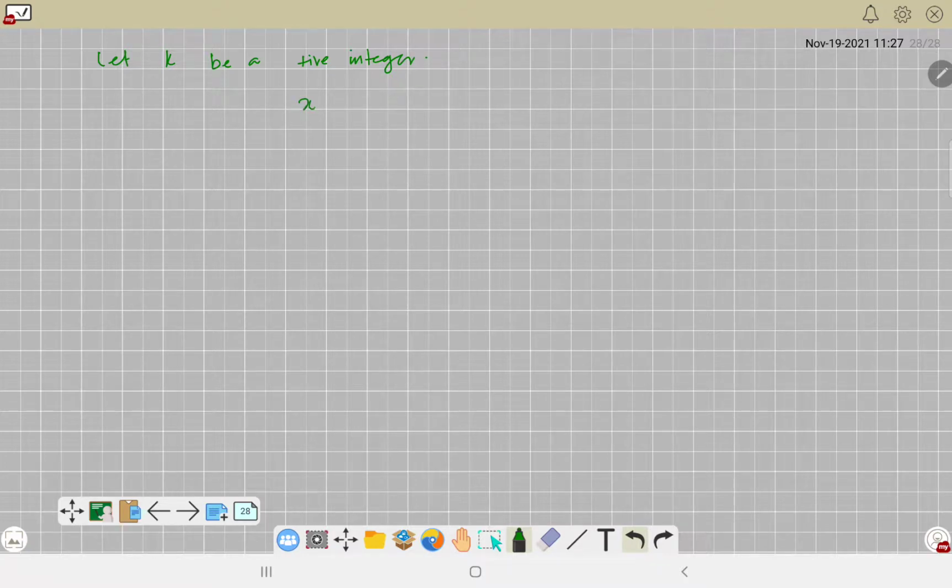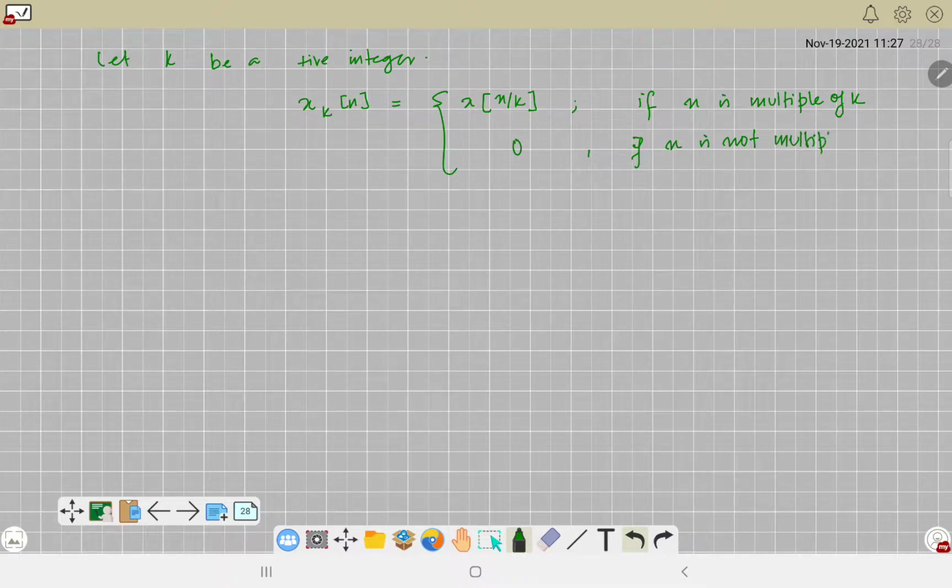Then we define the scaling operation in terms of this k as x of n by k if n is a multiple of k, and 0 if n is not a multiple of k. Okay, this is a slightly different way of representing the scaling operation.